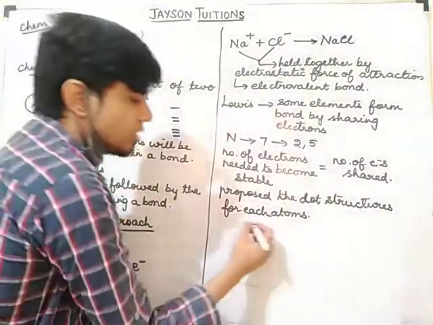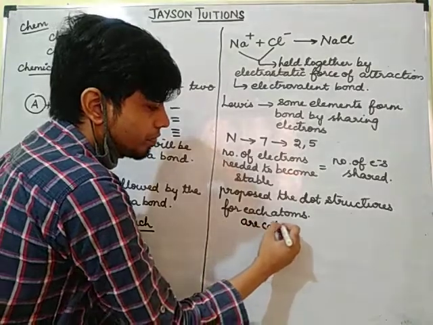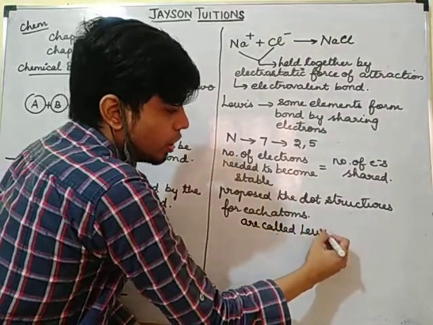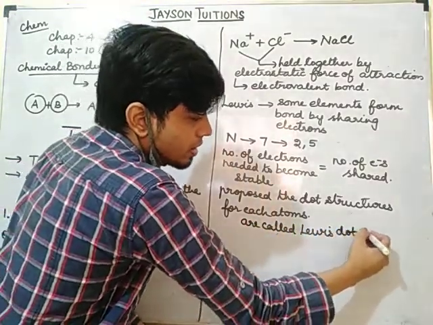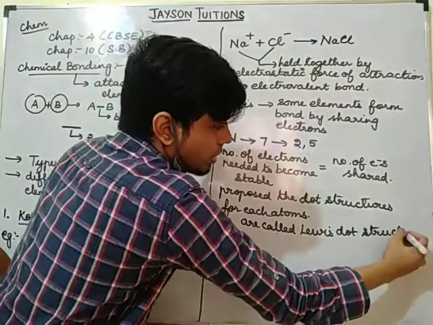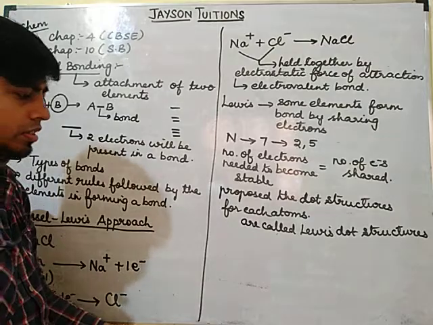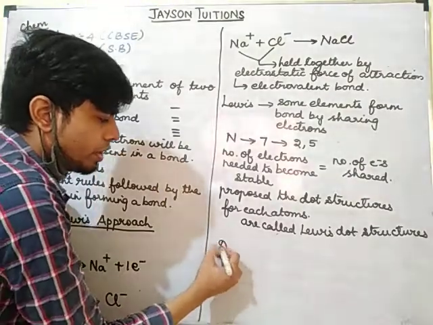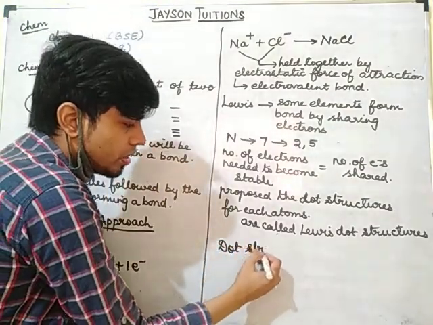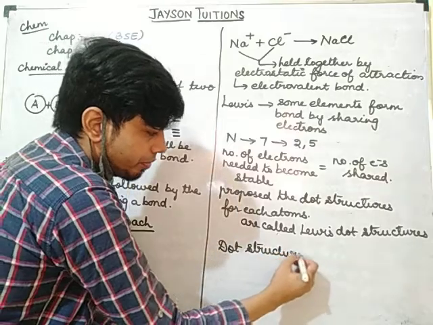These dot structures are called Lewis dot structures. So first we will draw the dot structure for nitrogen.